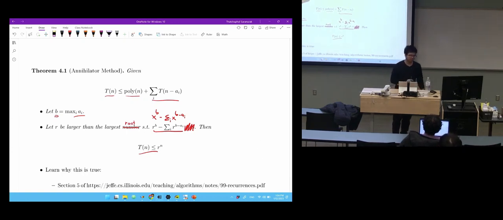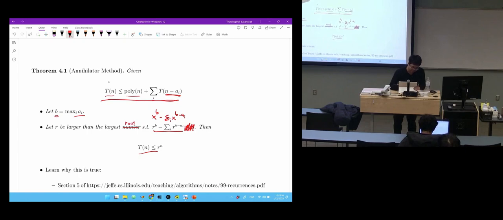The intuitive explanation that I have is this. We can guess that whenever the equation looks like this, you're going to get something exponential, because the size of the problem doesn't really reduce by any constant factor at all. So you guess that it should look like exponential time.